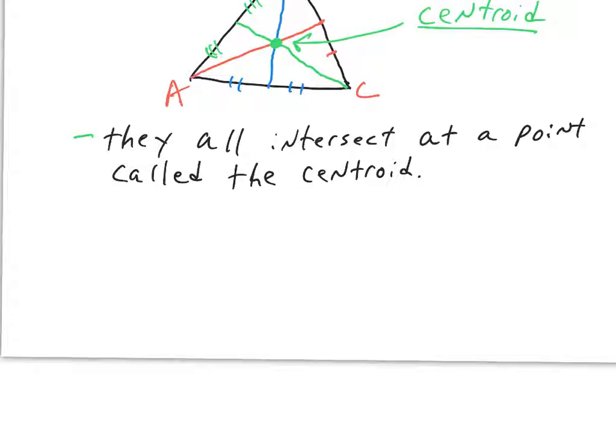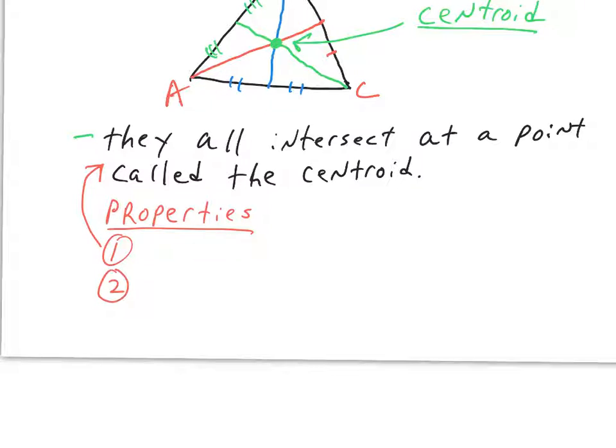Okay, so what are some of the properties of medians? So we're going to focus on 2 properties. The first one we've already written down, which was this, that they all intersect at a point called the centroid.